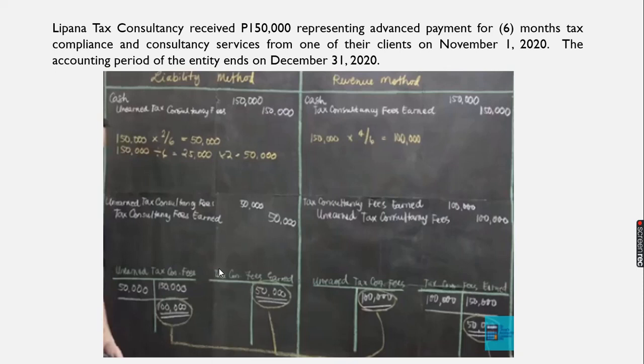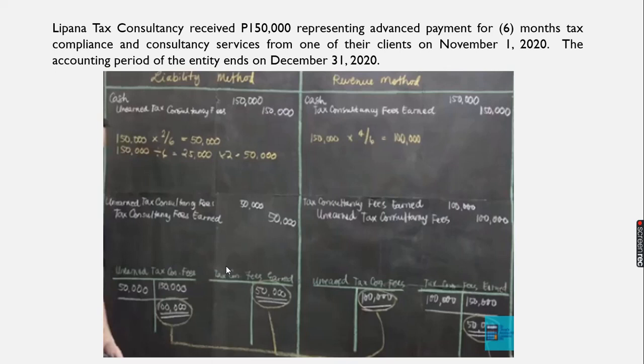So, kailangan mo lang siyang i-divide para makuha yung hindi mo pa siya na-earn. Diba? Yung ilang months pa yung hindi mo na-earn. 150,000, i-divide mo siya by 6 and multiply mo siya by 4. Kasi 4 months naman yung hindi mo pa siya na-earned.